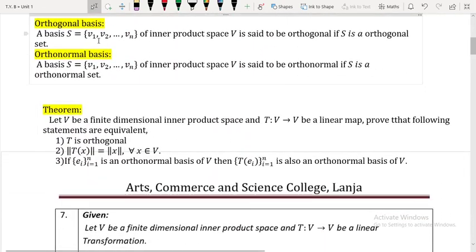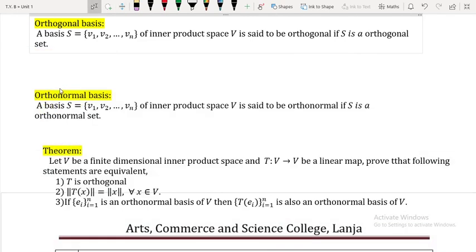So similarly a basis S of an inner product space is said to be orthogonal if that S is an orthogonal set. What is the meaning? If you take any two vectors from this set, their inner product should be what? 0. If this is happening, then we will say that the basis is an orthogonal basis.